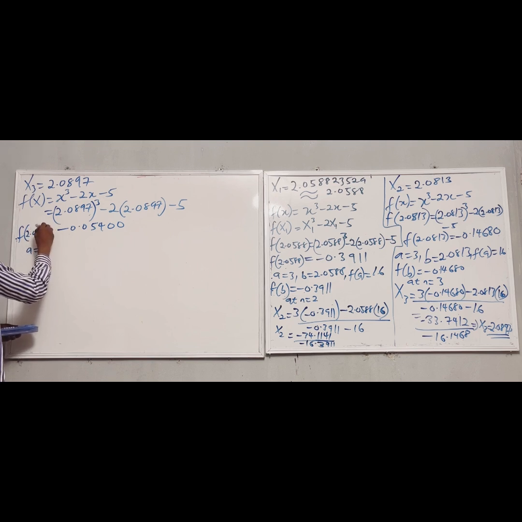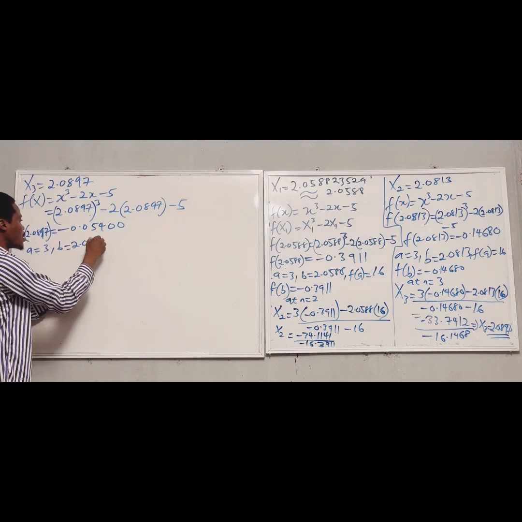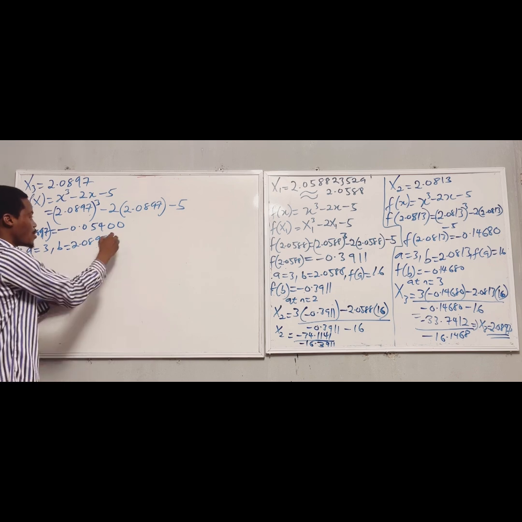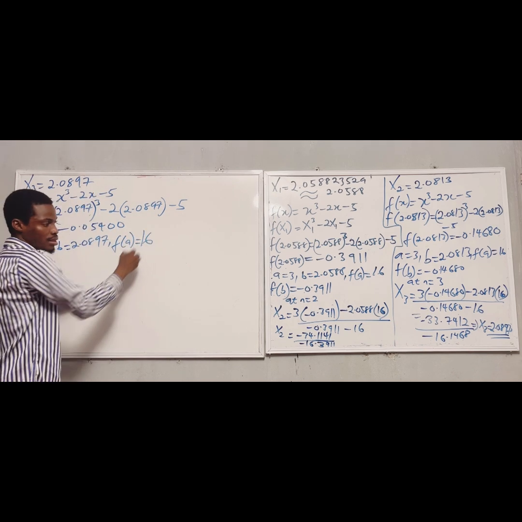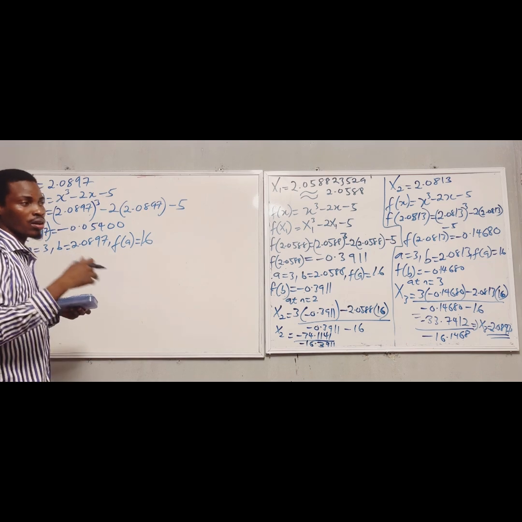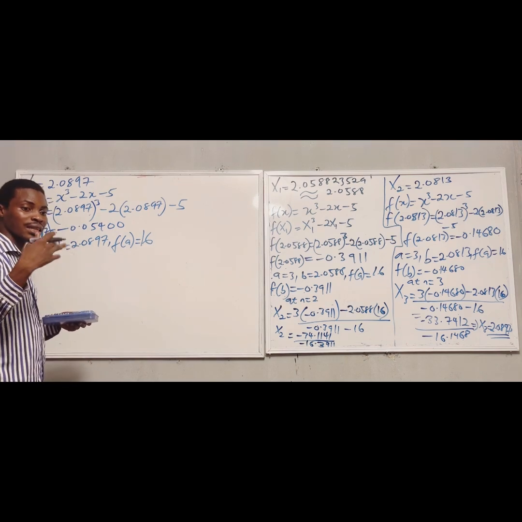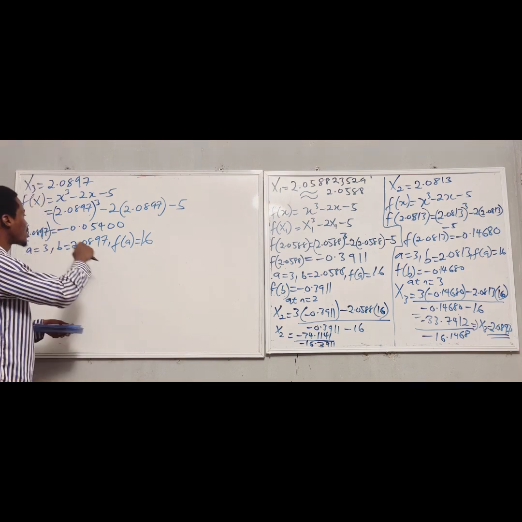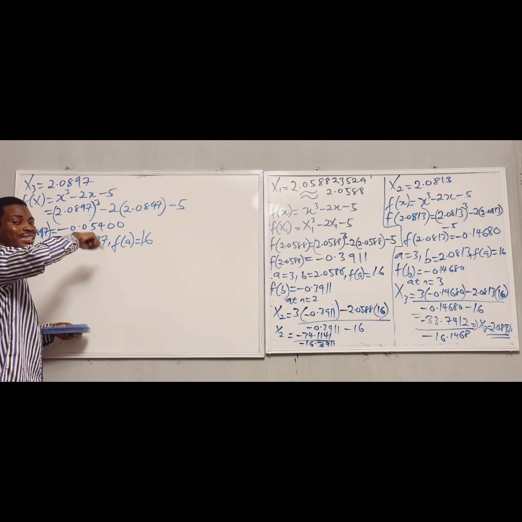2.0897 is equal to this. So 2.0897 is my b, so my b is 2.0897. My f of a, my last positive, is 16. Remember, when I'm doing my f of 3 and it is negative, suppose this one is positive, I have to go to my last negative.